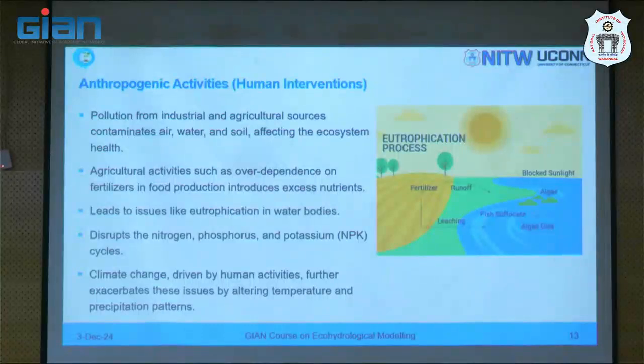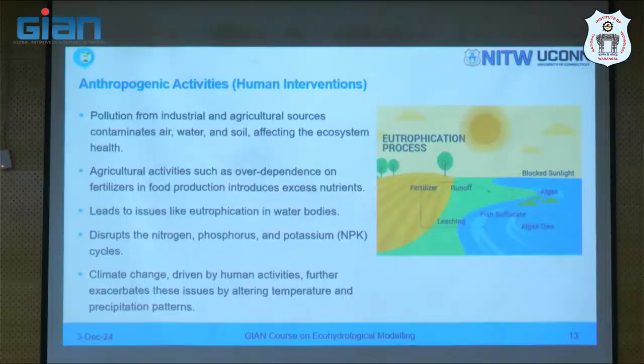It kills all the microbes that are there, and water that comes to your home is safe. If there is any amount of algae that is left in the water before it is chlorinated, that algae will interact with chlorine and will produce a compound called trihalomethane, THM. And THM is carcinogenic.